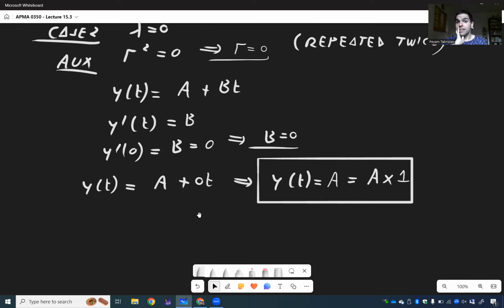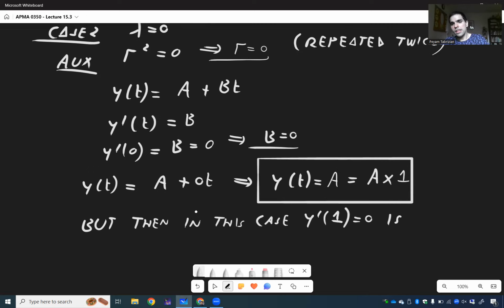However, what happens when we take this constant function and take the derivative at 1? Well, in this case, the derivative is automatically 0, meaning that the second boundary condition is automatically satisfied. So then, in this case, y prime of 1 equals 0 is automatically satisfied.